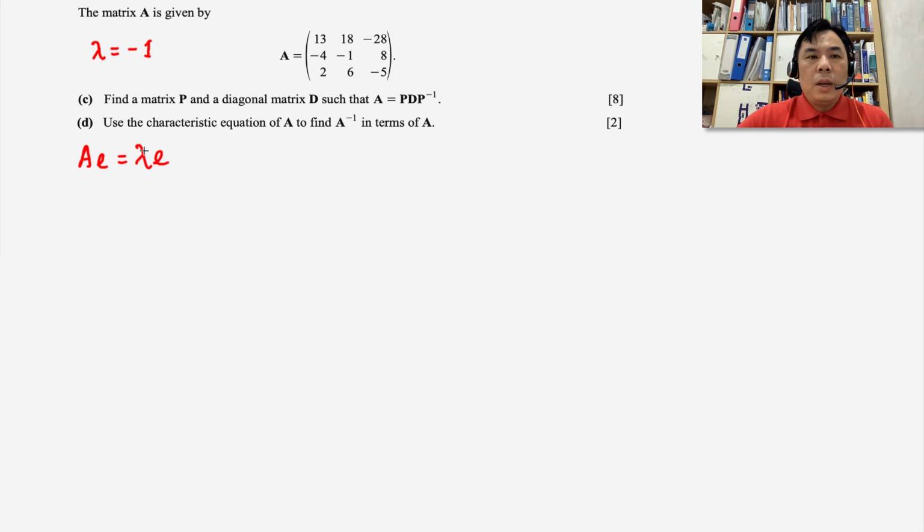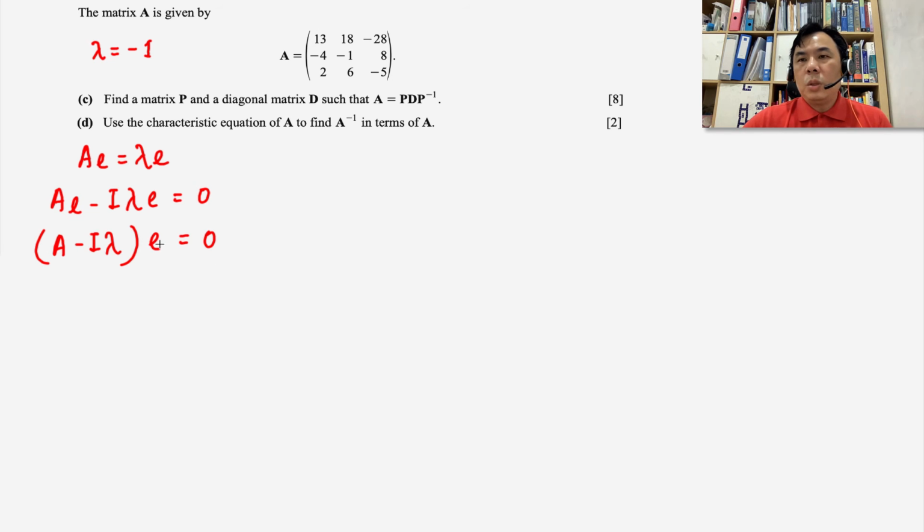There's this. And then you can rearrange this so that you have this equal to 0. And then from here, we can factorize that. And then finally, to solve for this, the determinant of A minus I lambda must be equal to 0 to yield infinitely many solutions here, right?